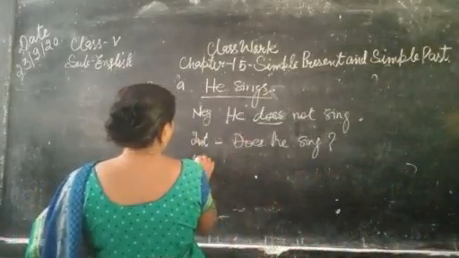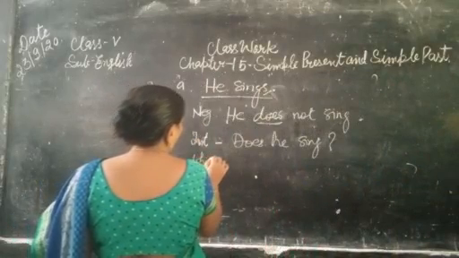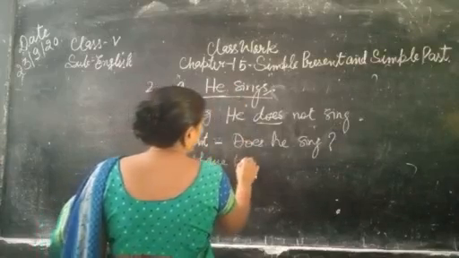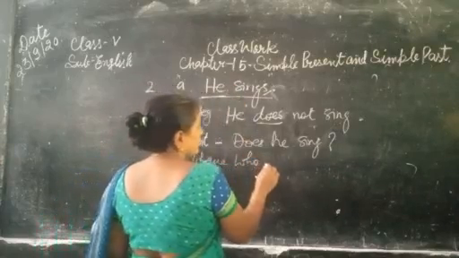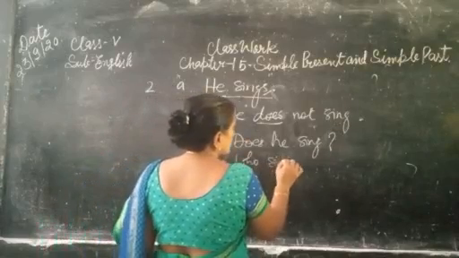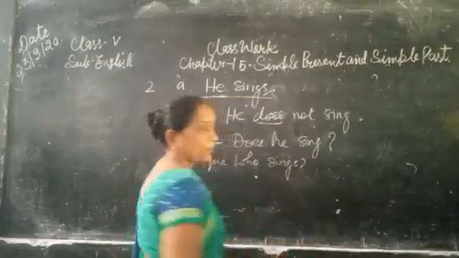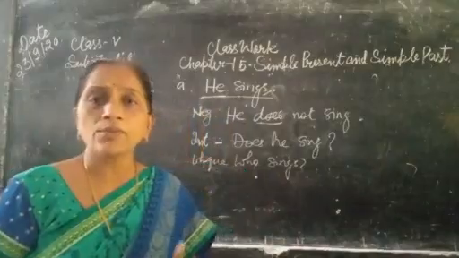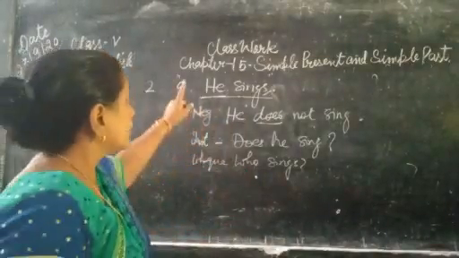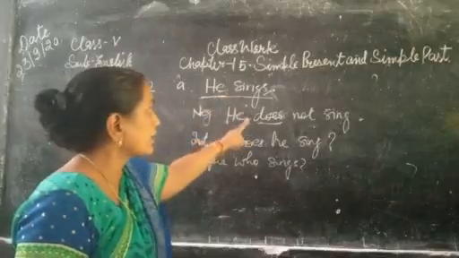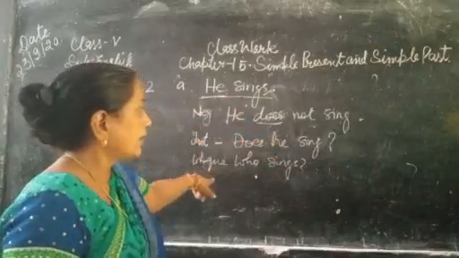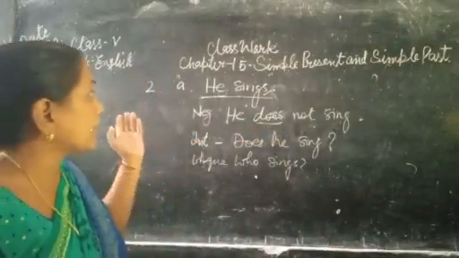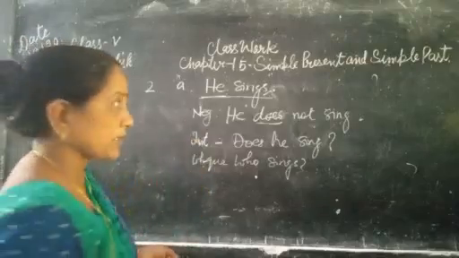Okay. Again, WH type question. WH question. He sings. What are we going to write? Who sings? Okay. So I hope you are getting what I mean to say. He sings. He does not sing. Does he sing? And who sings? Now let's have another example with plural subject.